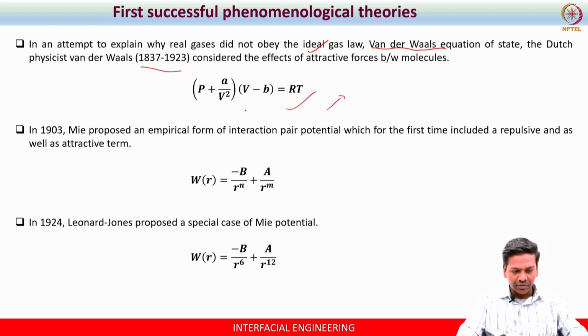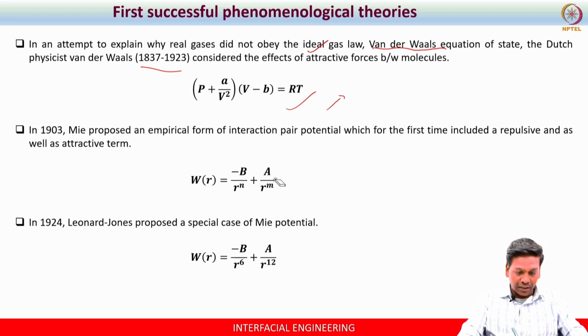This was actually a modified, empirical interaction pair potential, proposed in a very compact form. You can see there are two terms, right? One is the attractive term.